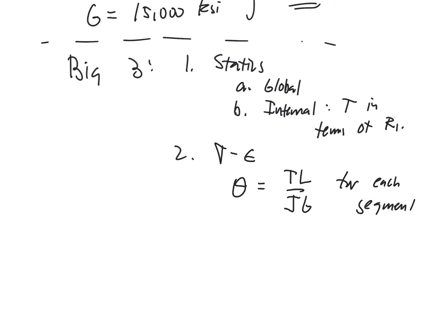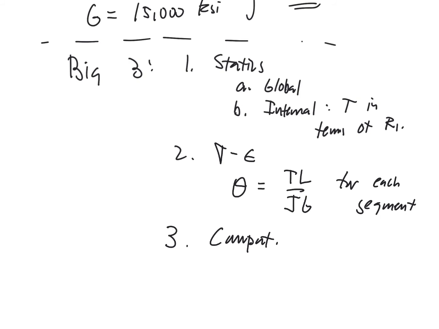Because we're going to acknowledge that for this type of problem, the torque is not going to be the same. In fact, neither is J and possibly not G. So we're going to have to apply those piecewise or for each segment. The third of our big three is going to be compatibility, which means that the deformed geometry has to be geometrically consistent. That means that there can't be any gaps or voids and so on.